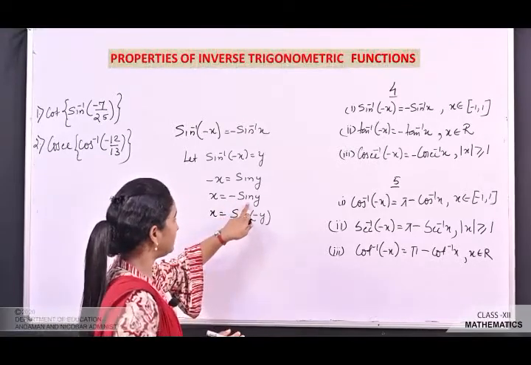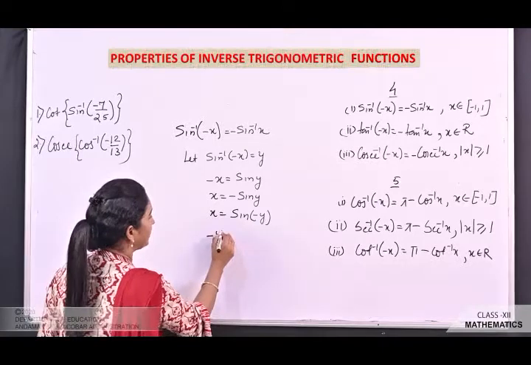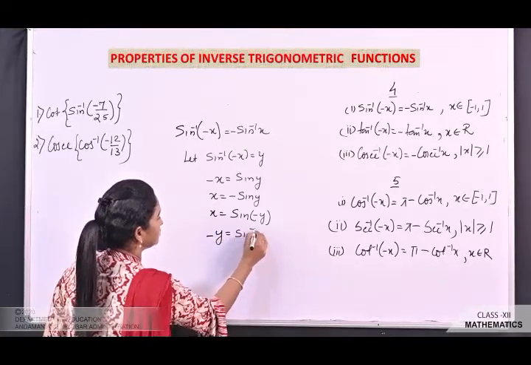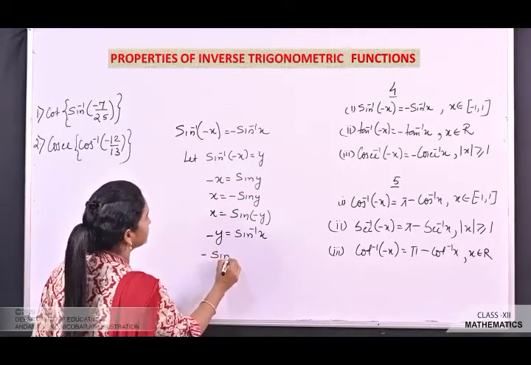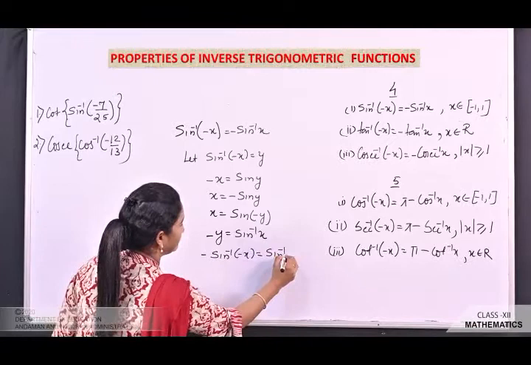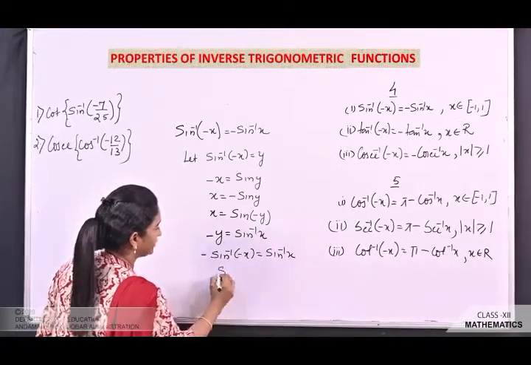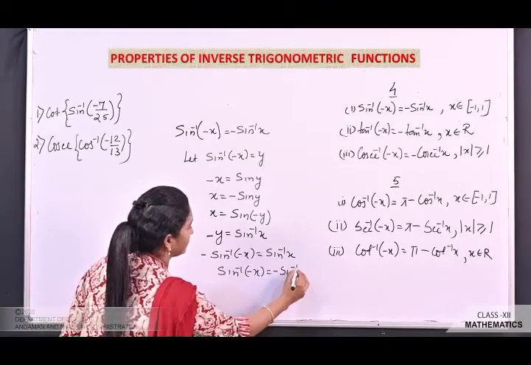So minus of sin y, you can write as sin of minus y. So here minus y will be equal to sin inverse x. What is y you have taken already? Minus of sin inverse of minus x is equal to sin inverse x. If you take minus to the other side, it becomes minus sin inverse x.